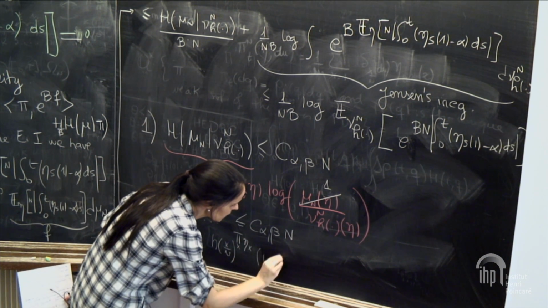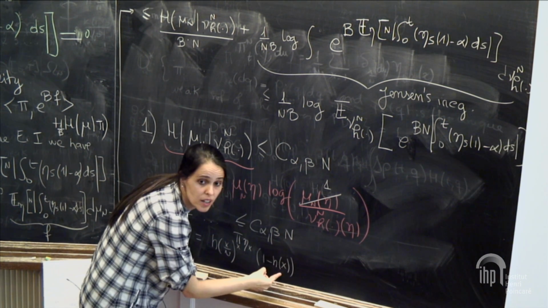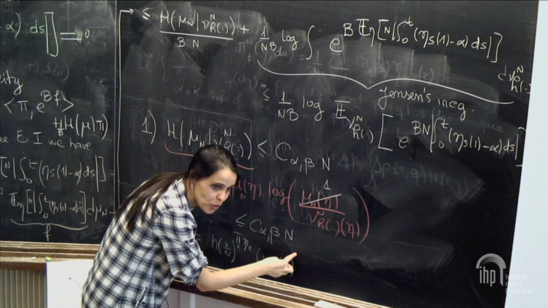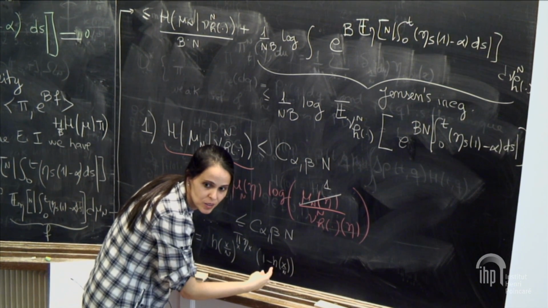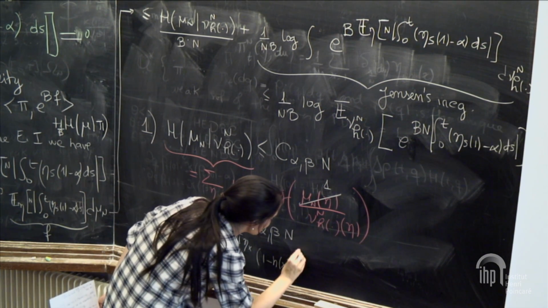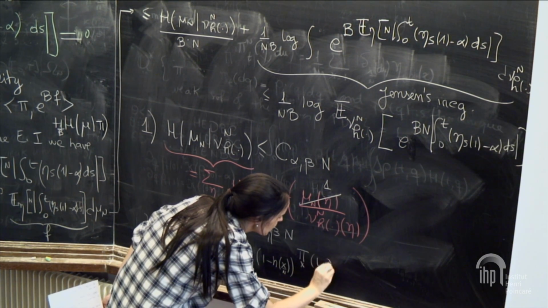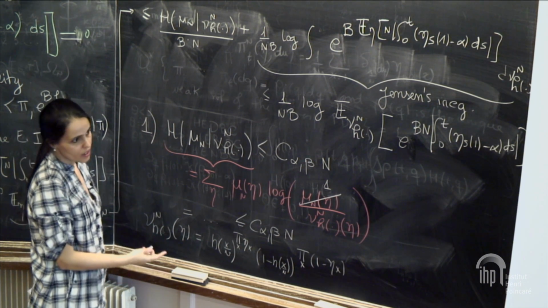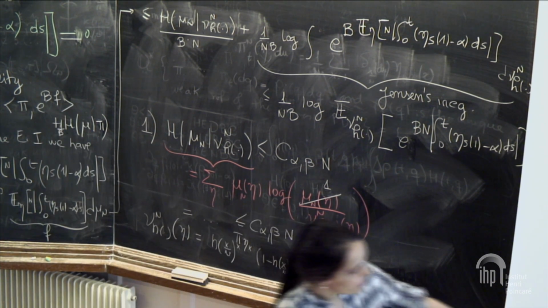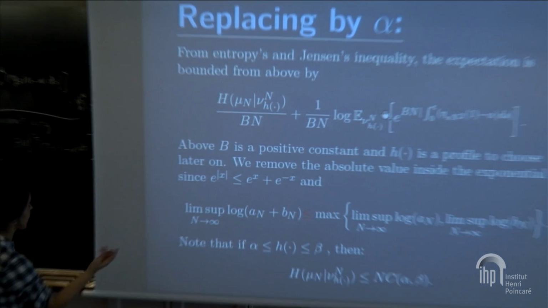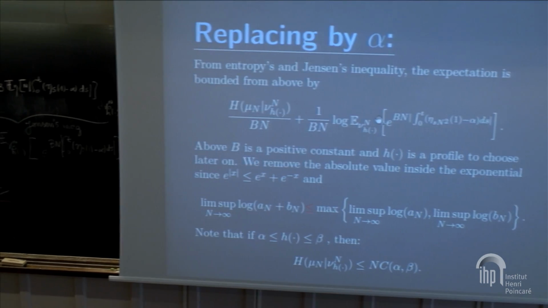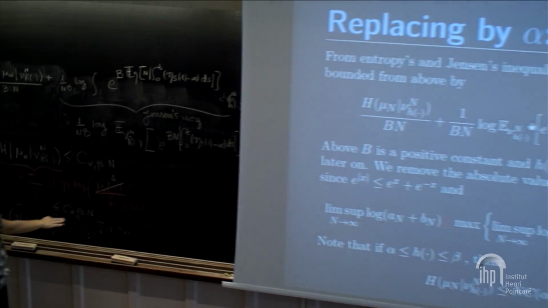Times 1 minus hx over n, because if the site is unoccupied, you give this weight to the particle, right? So this is the product over x, 1 minus eta x. And at this point, I need to have this condition on h. You see this first condition here? It is bounded from below and from above by alpha and beta. So let's suppose alpha is less than beta. Okay, and with this, you recover this.